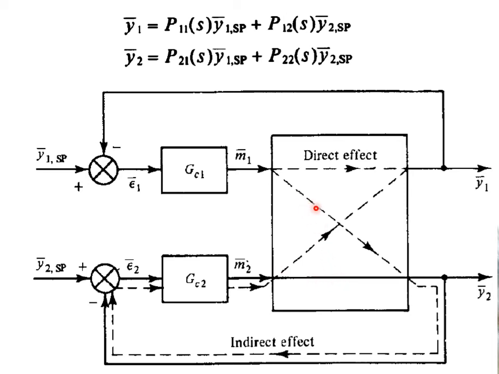Similarly, this is H21. It's output upon input. And similarly, you have H12. Output is Y1, input is M2. So all these six blocks, first, second, third, fourth, fifth, and sixth, are going to be there in some manner in P11, P12, P21, and P22, as we're going to see in the next slide.